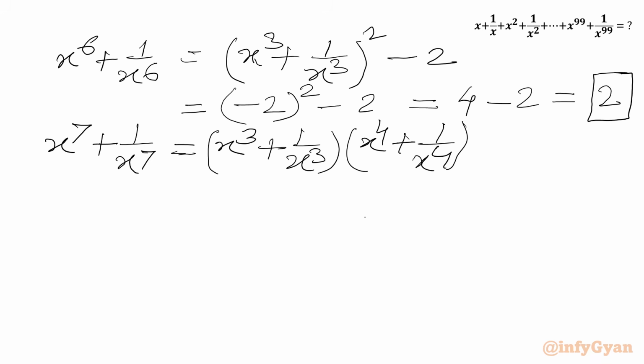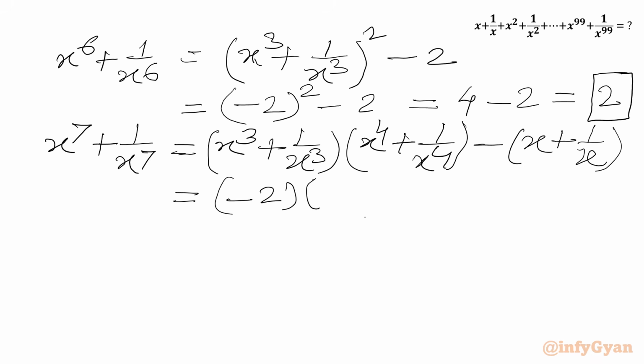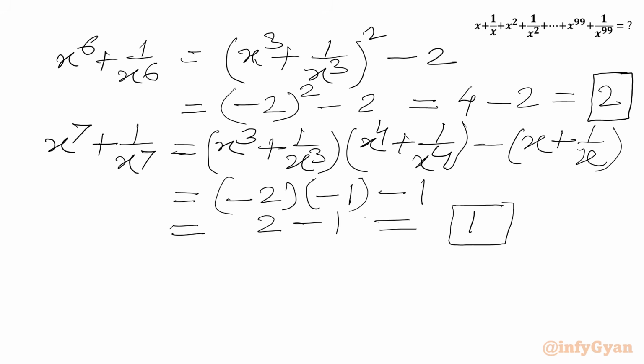Now we have to take away x plus 1 over x. So x cube plus 1 over x cube is minus 2, x power 4 plus 1 over x power 4 is minus 1. So we can write 2 minus 1, the value will be 1, which is matching with our equation number 1.